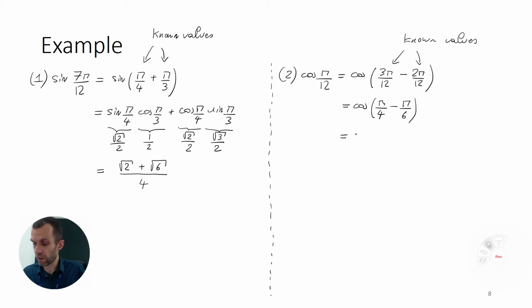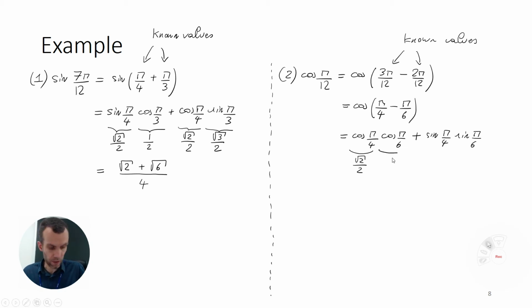We again apply the addition subtraction formula: cosine pi over 4 cosine pi over 6 plus, remember for cosine it's always the opposite sign, sine pi over 4 sine pi over 6. These values we know. This is square root of 2 over 2.